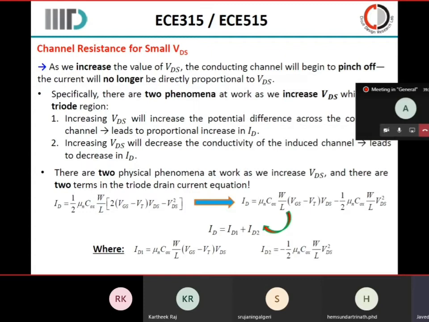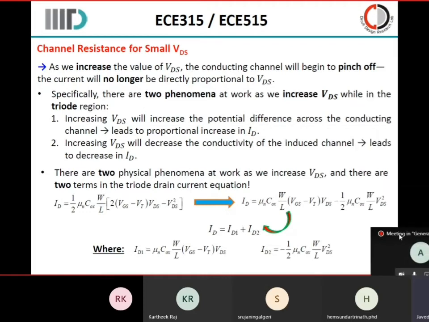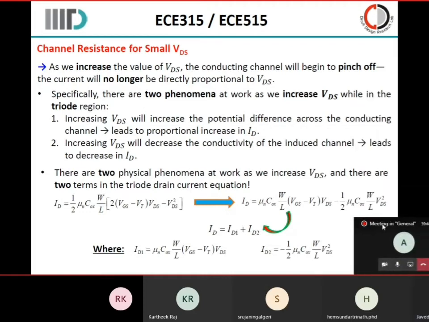Specifically, there are two phenomena at work as we increase VDS while in the triode region. First, increasing VDS will increase the potential difference across the conducting channel and lead to a proportional increase in ID. Further, increasing VDS will decrease the conductivity of the induced channel, which leads to a decrease in ID.